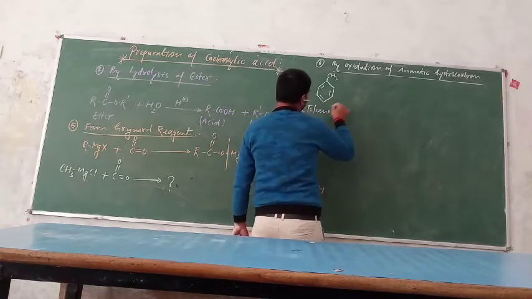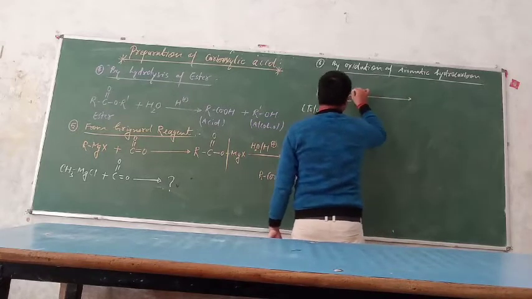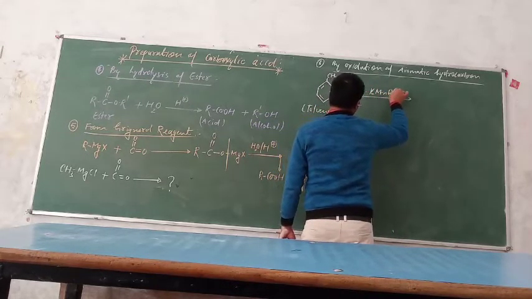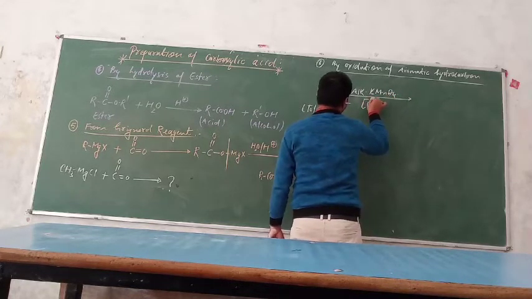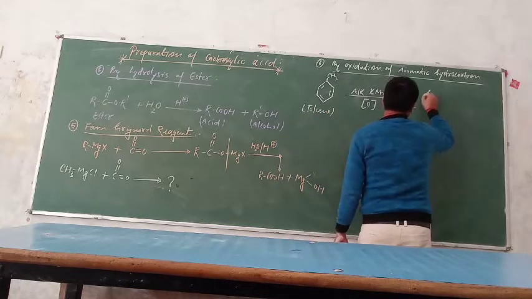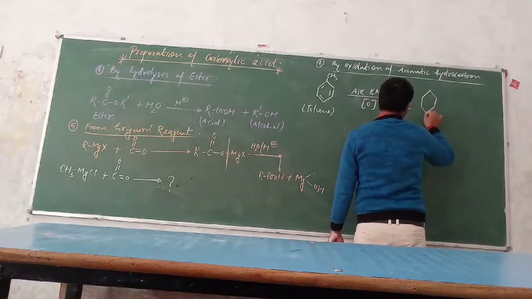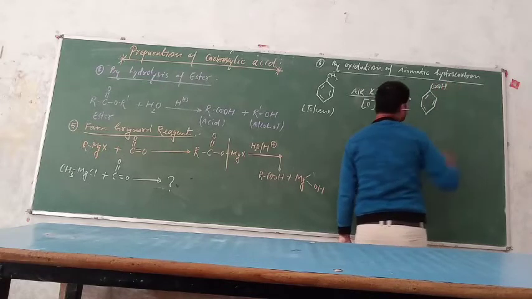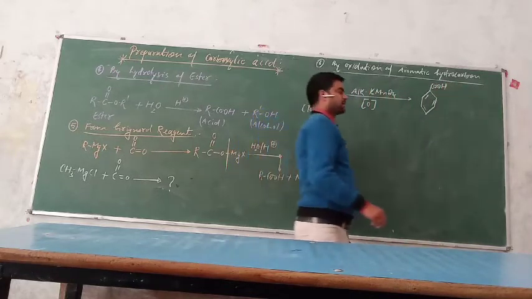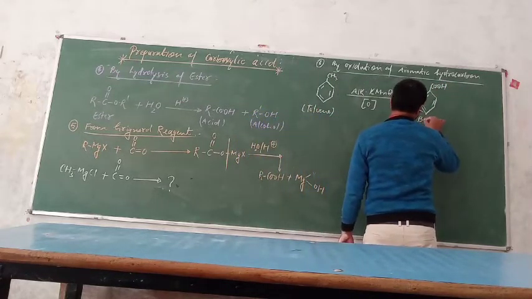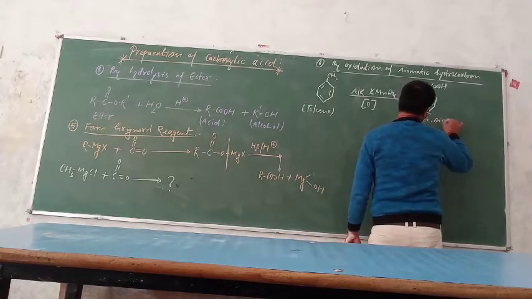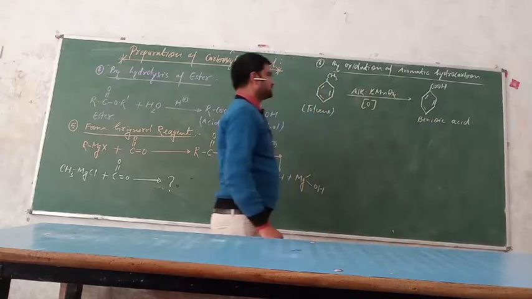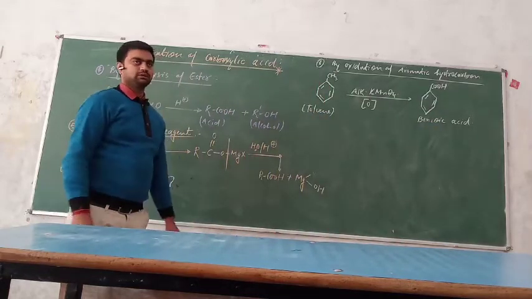When toluene is treated with alkaline KMnO4, and oxidation occurs, then this CH3 group changes into the COOH group, that is the carboxylic group. Clear? And the compound formed here is named benzoic acid. So you have to remember this reaction.